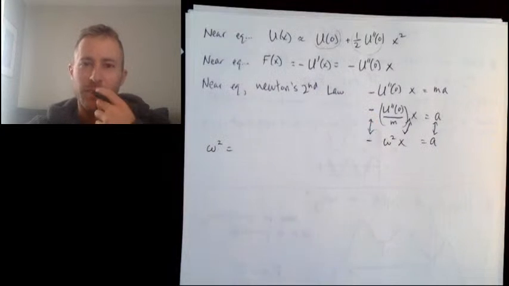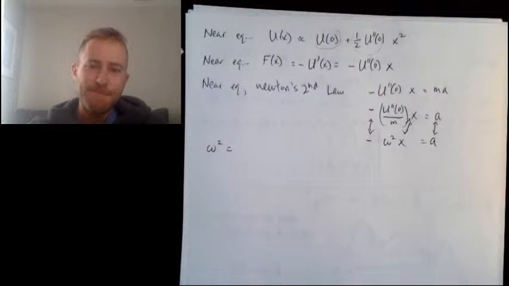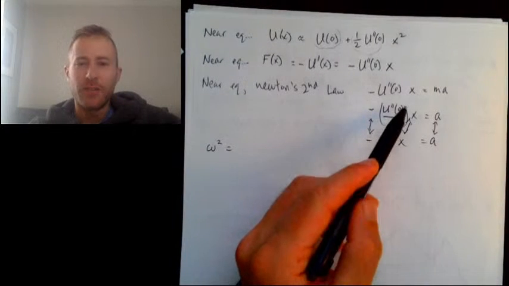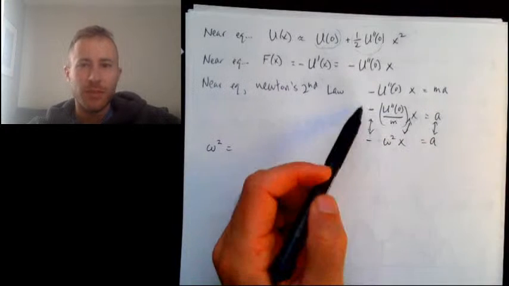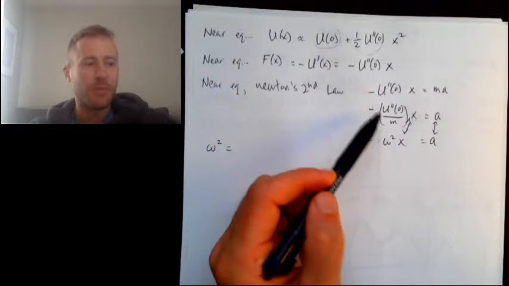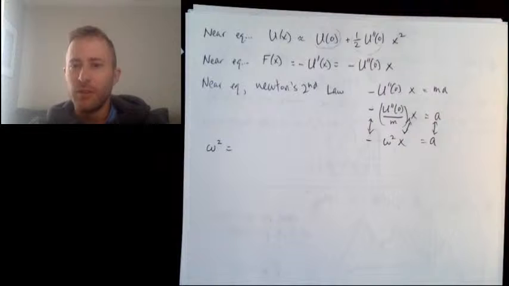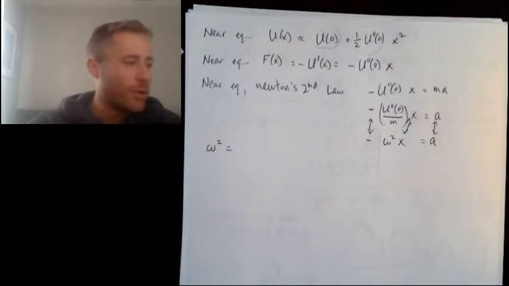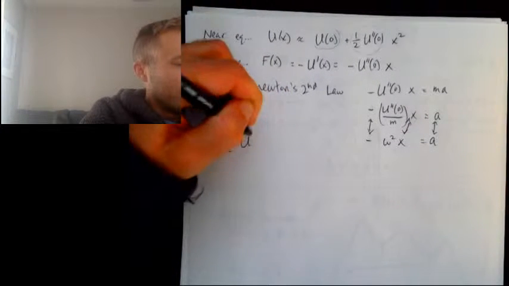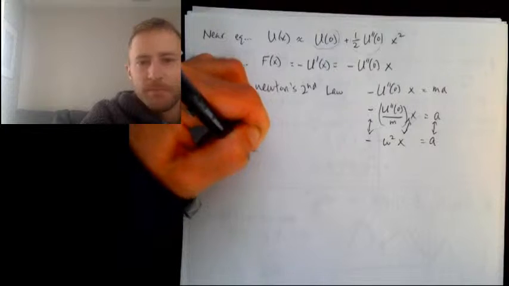So what's omega squared equal to? Okay, so what's minus a over x in this equation? Solve it for minus a over x. U prime prime of 0 over m. Excellent. U prime prime over m.